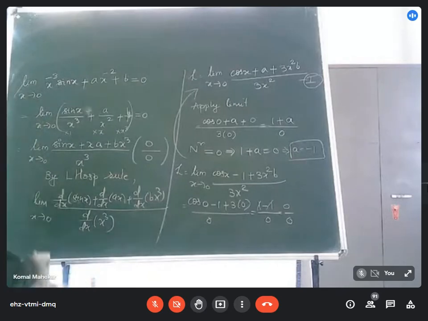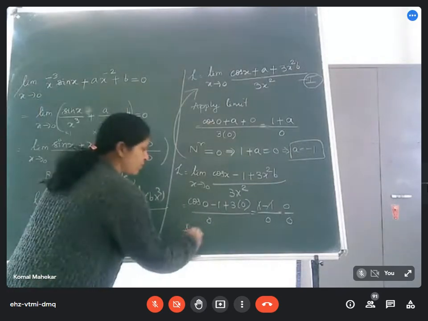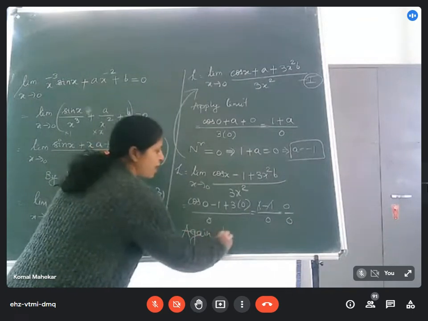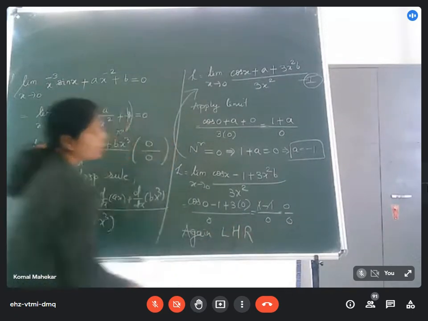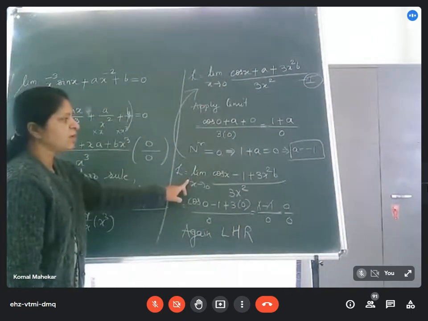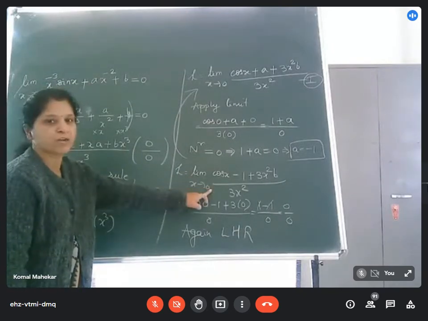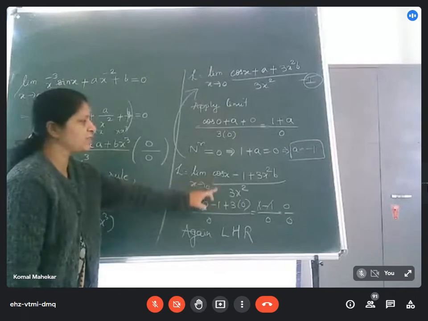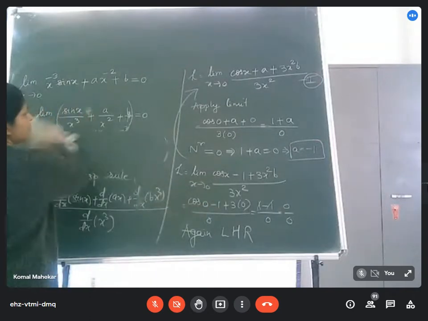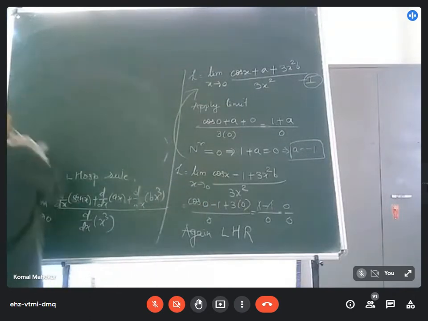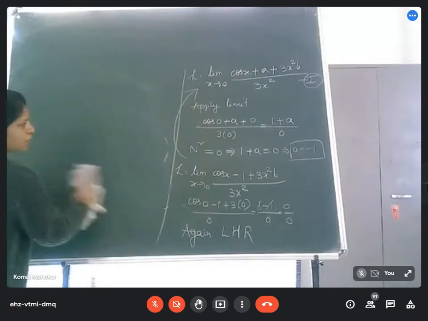So if the form is 0 by 0, again we will apply L'Hospital rule. We differentiate the numerator function as well as the denominator function with respect to x.